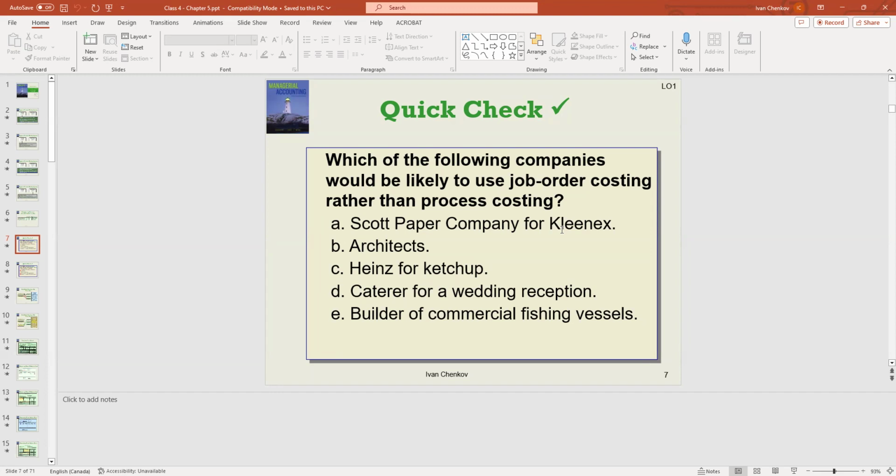How about the builder of commercial fishing vessels? Also job order, yes. Every vessel is going to have different specifications. That will also be job order costing.